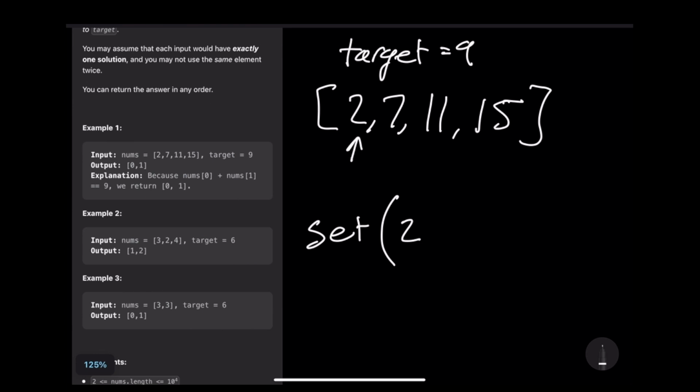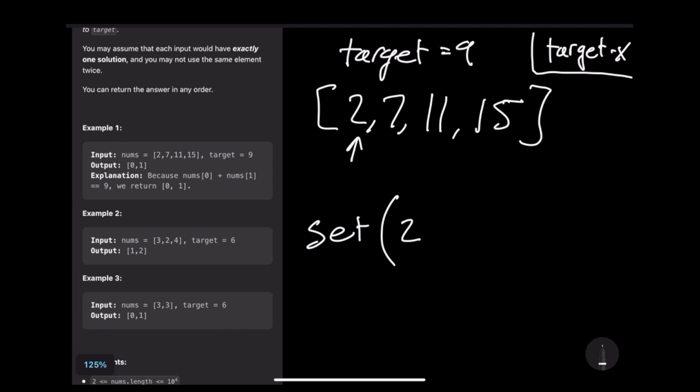And then what's interesting is we know that the number we now want to potentially find is related to the target. So I'll make a note of this somewhere. Our goal is sort of to find target minus x, if that makes sense.